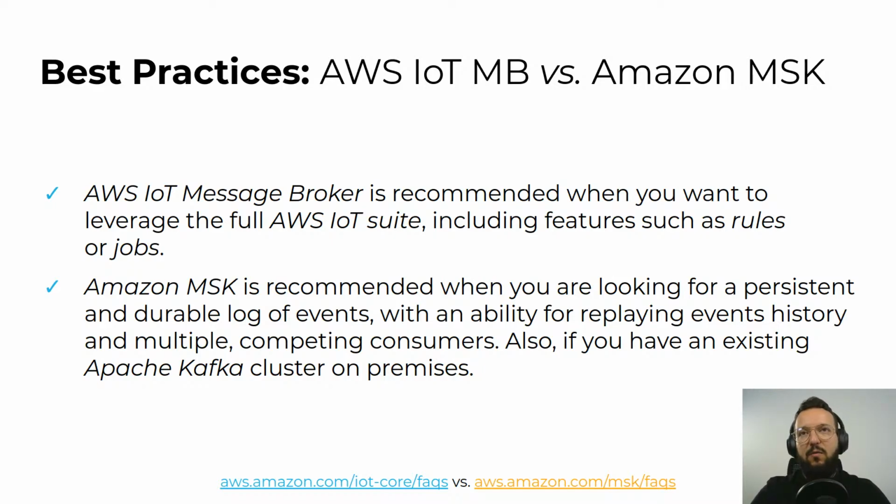On the other hand, if you know from the start that you don't need quality of service level 2, you want to integrate with AWS services, and you would like to leverage rules and jobs, yep, that's probably a use case for IoT Message Broker. The rest of the services and the comparison between those are fairly easy to do.